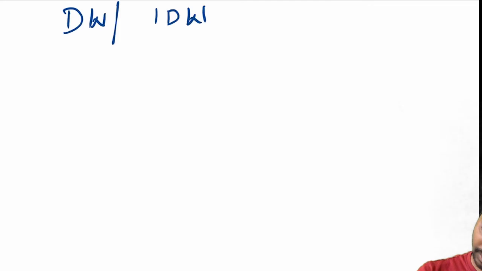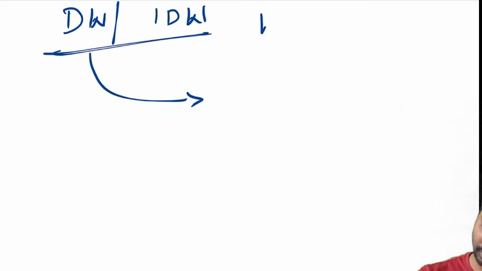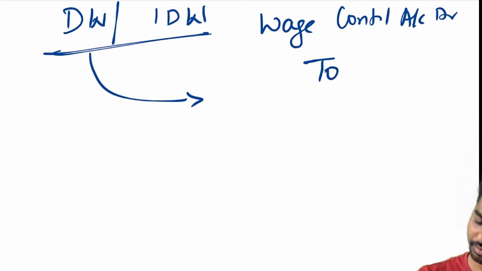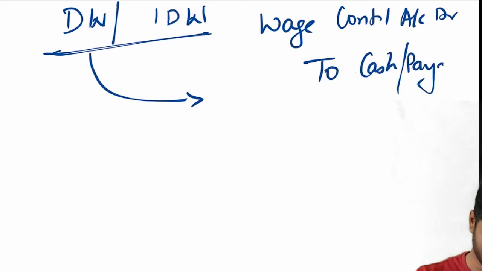Now with regards to the labor, see here, whenever I pay wages, let it be direct wage or an indirect wage, both of it will go to the wage control account debit to cash or payables.